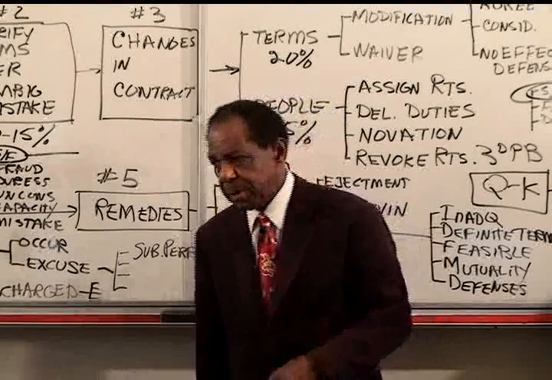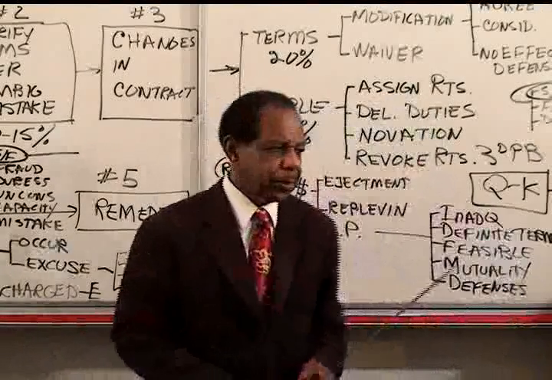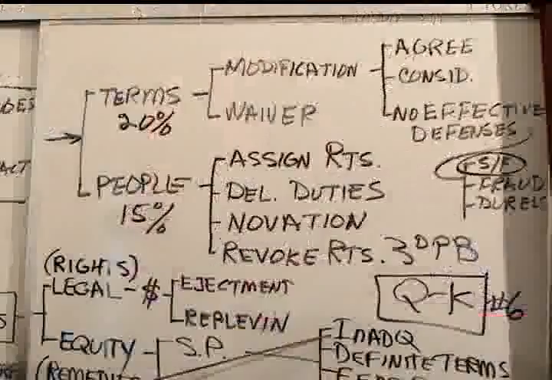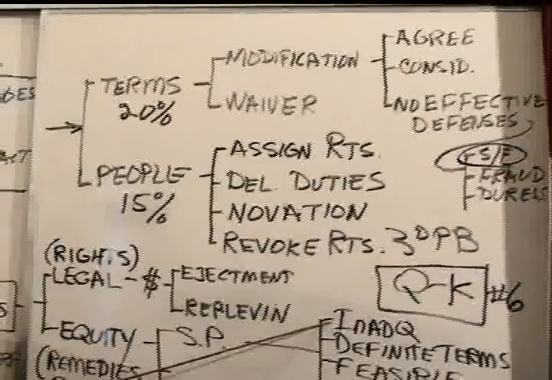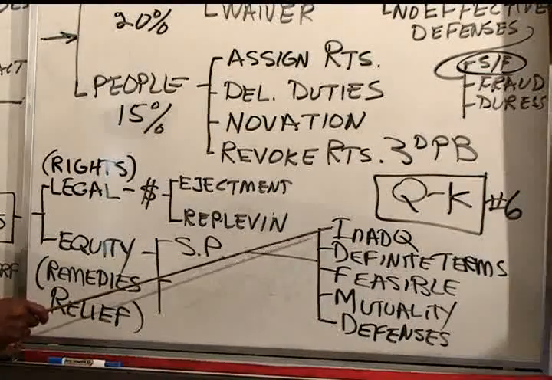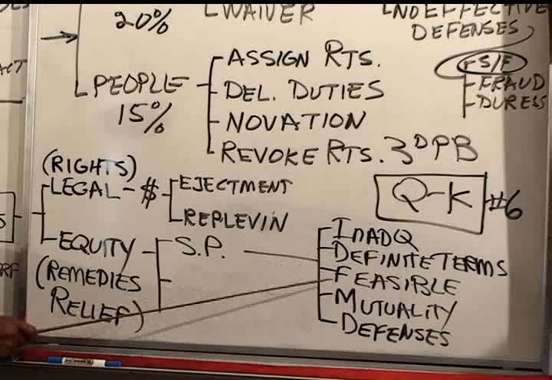Plus, the buyer can still try to get specific performance. And you go through the elements of specific performance. Inadequate remedy at law: buyer will say, my remedy at law is I'm building this and it's going to mess up my schedule. It's hard to figure out what damages would be. I want the turbine. Definite contract terms, that's clear. Feasible to enforce.